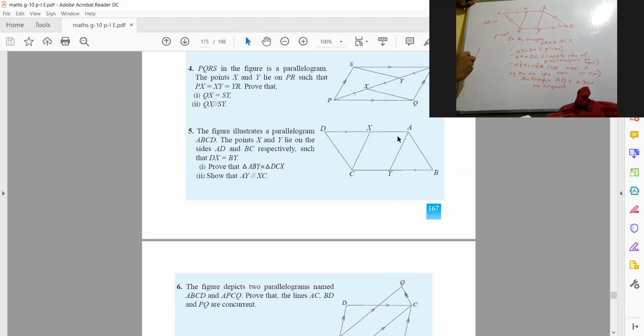If you see here, there is something like this. These two lines are parallel, and there is something like this. If this angle... I will do it after wiping this space. Maybe one minute to mark.